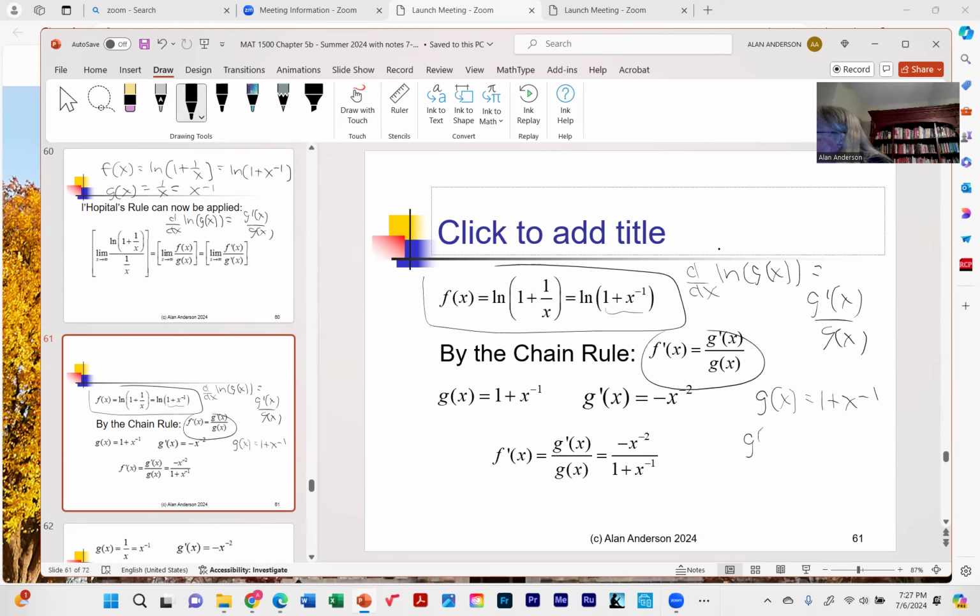And again, based on the power rule, we'll end up with minus x to the minus 2.